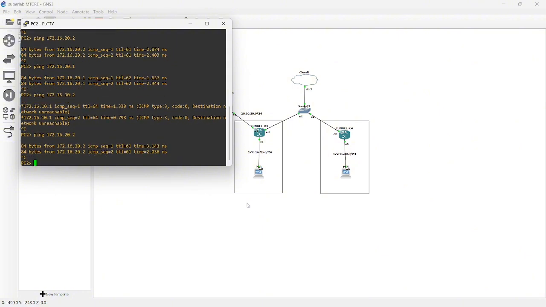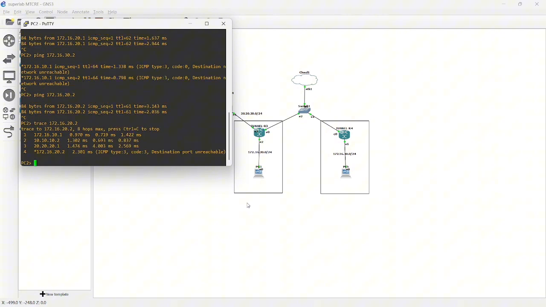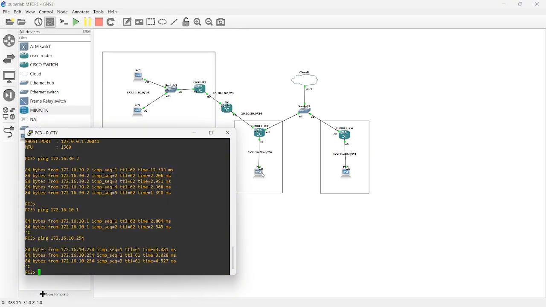Ping 22. Why is unreachable? Because I setting to not connected into router 4. Okay, we can tracing.